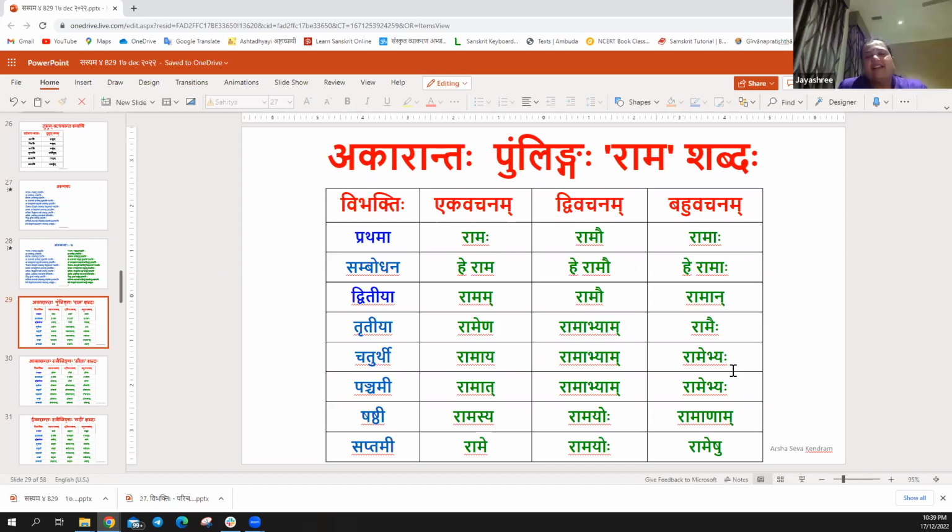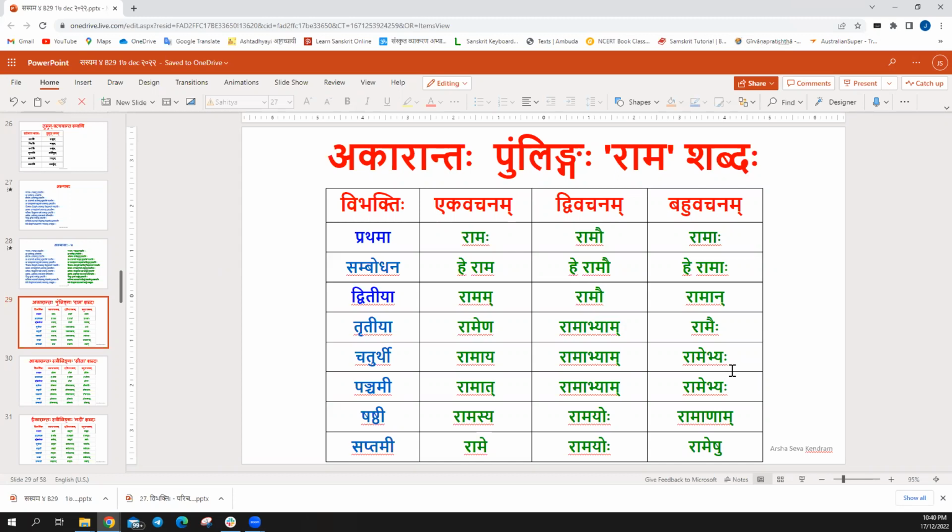Yeah. Suraksha Modaye. Do you want to say Shiva? Why leave Shiva? Yeah, I'll say Shiva. Akarantah pullingah Shiva shabdah. Pratama vibhakti: Shivah Shivau Shivaha.